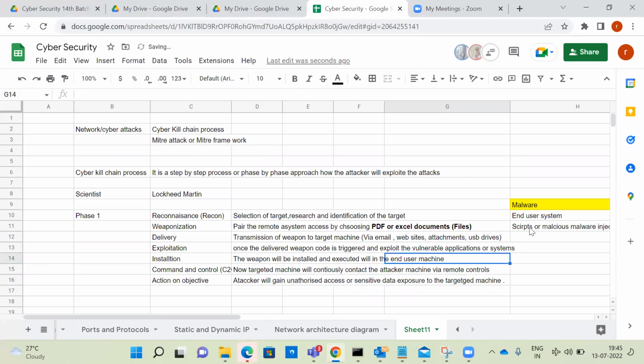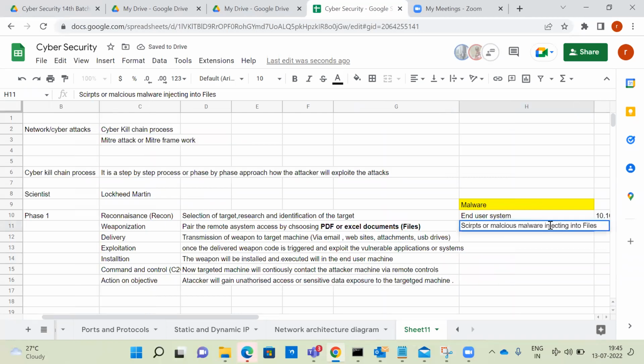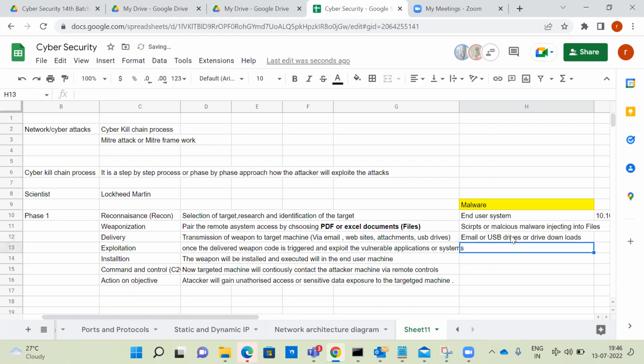So coming back to the malware example, scripts or malicious malware will be injected into files, that is like a weapon. Here delivery, as I said, is like email, USB drives, something you are downloading, or drive-by downloads. These are all the possible options.